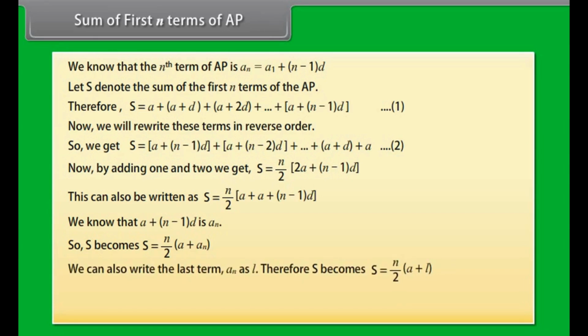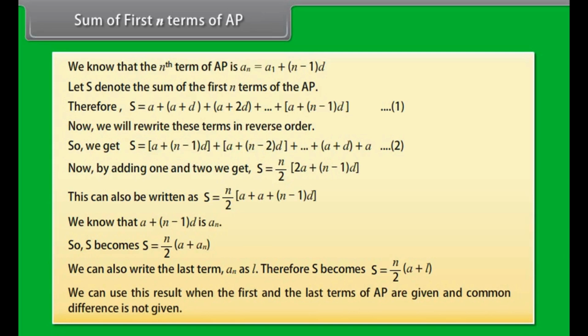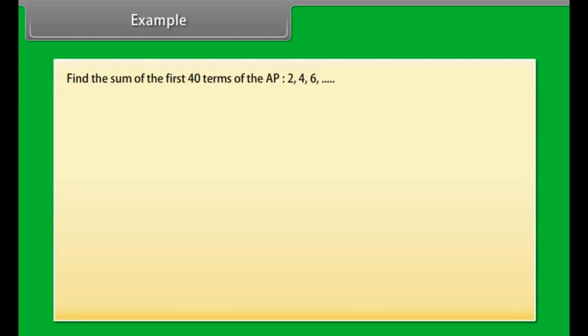We can also write the last term an as L. Therefore, S becomes n upon 2 into (a plus L). We can use this result when the first and the last terms of AP are given and common difference is not given. Example. Find the sum of the first 40 terms of the AP 2, 4, 6, and so on.